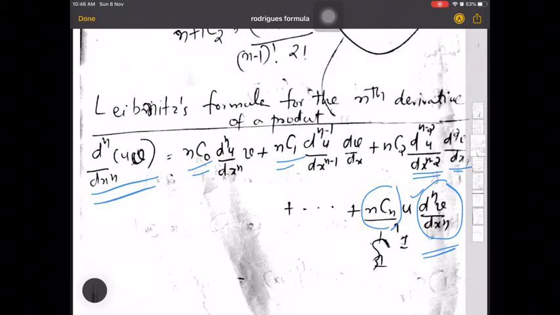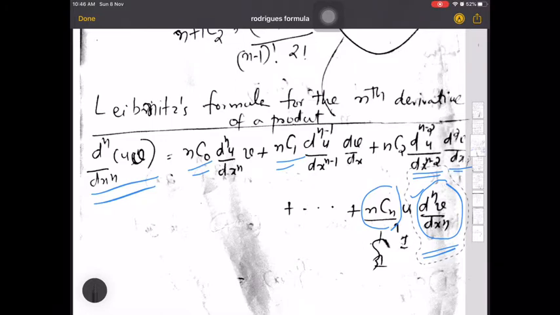then nC2 d^(n-2) u/dx^(n-2) times d square v/dx square, and so on, up to the last term, nCn u times d^n v/dx^n.